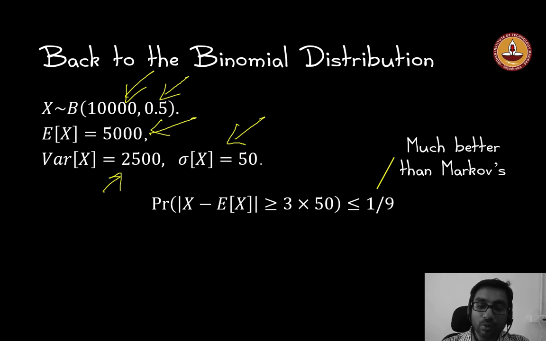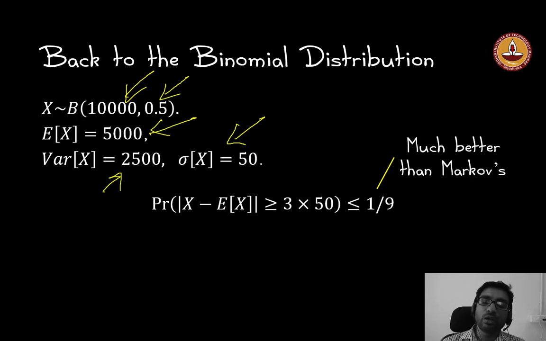Now you can ask, what is the probability that X is going to deviate from the expectation by more than 150? If you recall, the numbers that we drew from the binomial distribution almost never went beyond 5,150, or almost never went below 4,850. So it was within the plus or minus 150 range, and that's what we are asking.